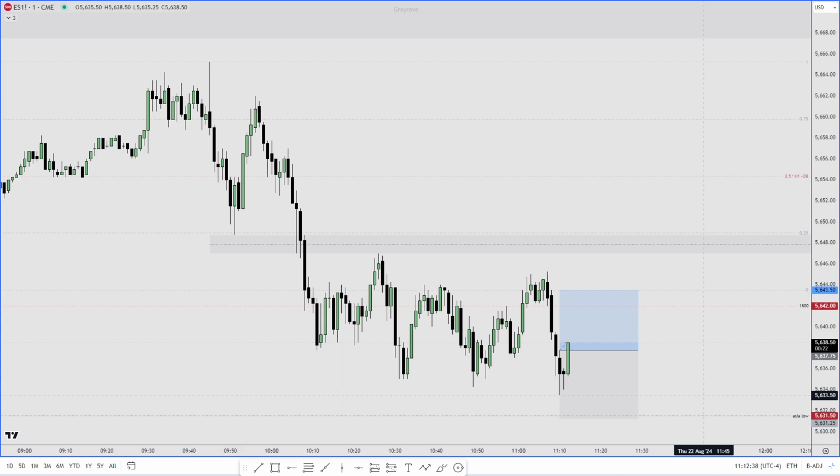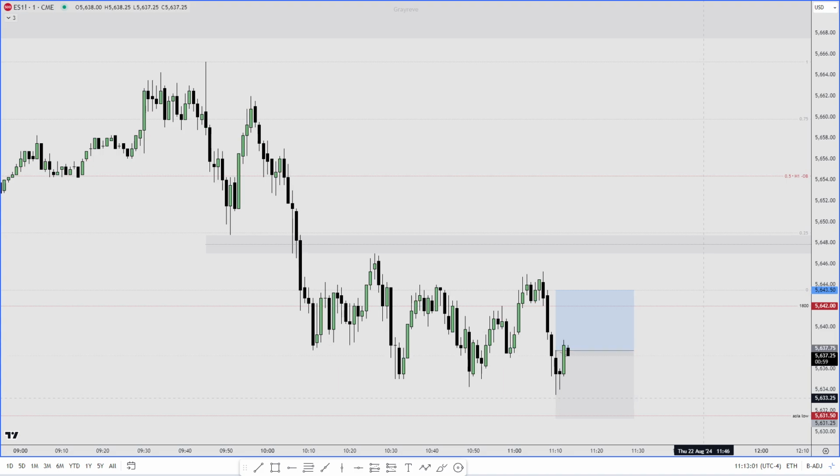Yeah, 1 hour. It's not the best. I don't like this type of scalping trades. I prefer to enter off a 15 minutes PD array rather than something like this.